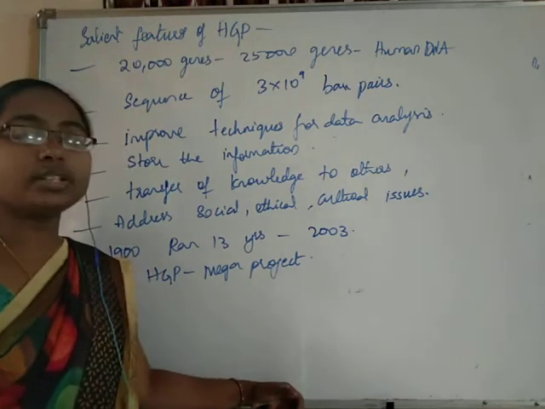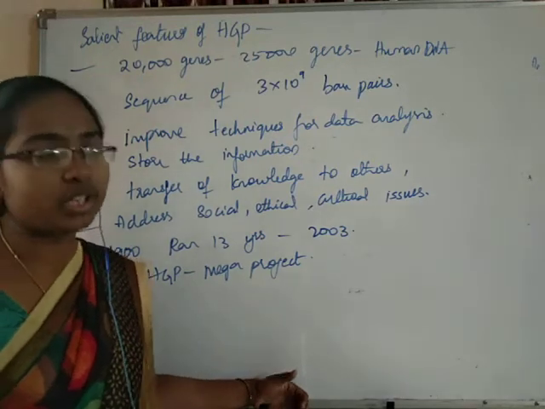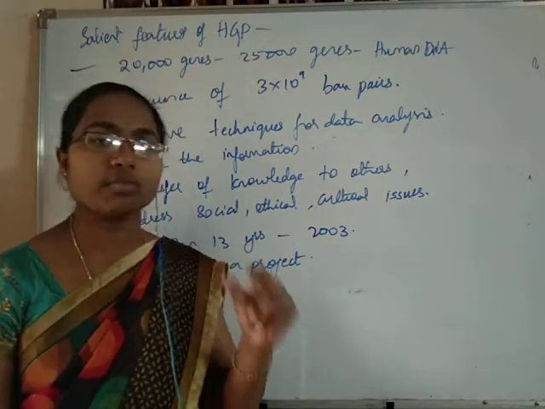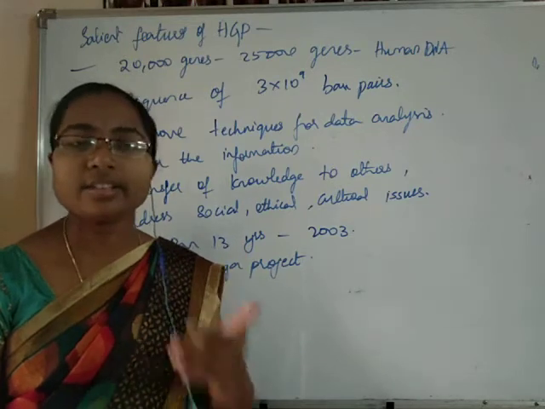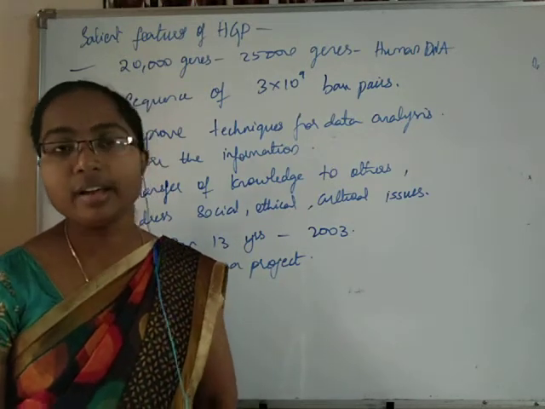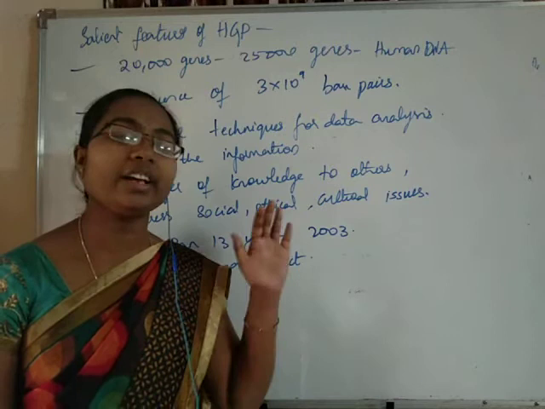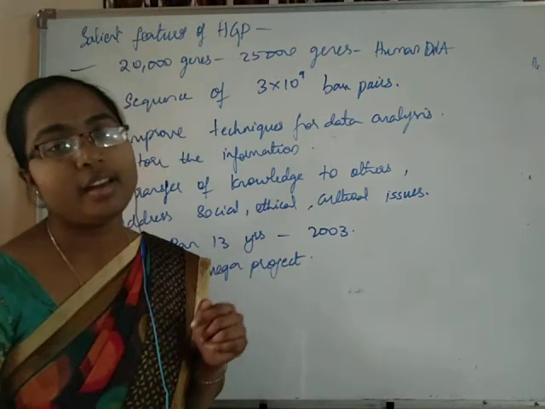Okay, so using this Human Genome Project, even a small fragment of DNA can be taken, and the sequence of its nucleotides can be analyzed. A complete DNA can also be taken, and its sequence can be analyzed.